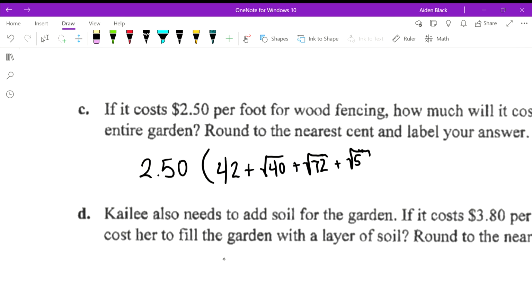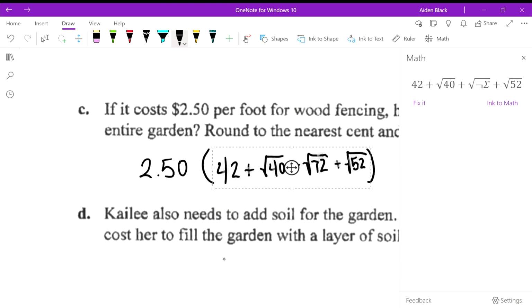Sorry, I'm kind of wasting time here. Square root 52. Technical difficulties.